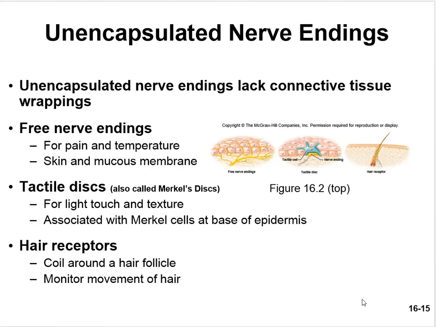These lack connective tissue or wrappings. We can usually find these on the surface of the skin or near a hair follicle. They can be just free nerve endings or the tactile discs or hair receptors. Usually they're very sensitive and again near the surface of the skin.